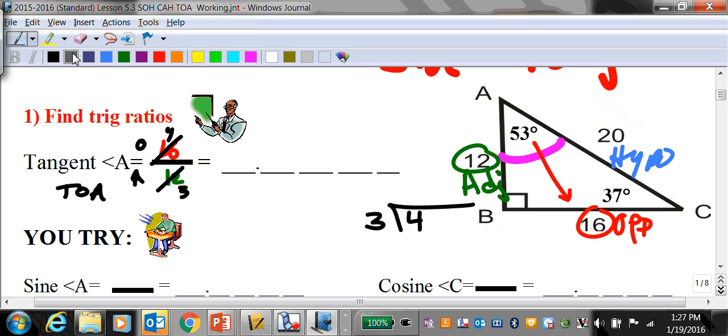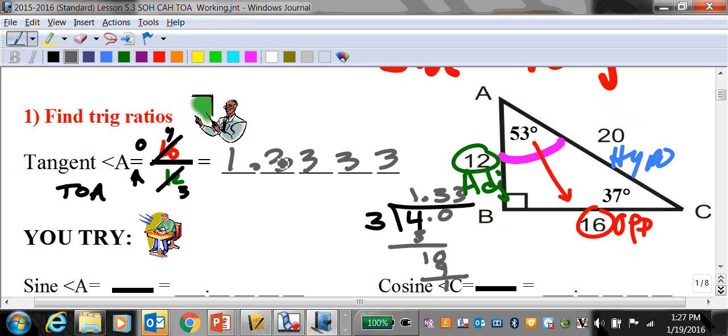The 3 needs to receive a decimal. That's 1.333 repeated. So what I just did was the tangent ratio.